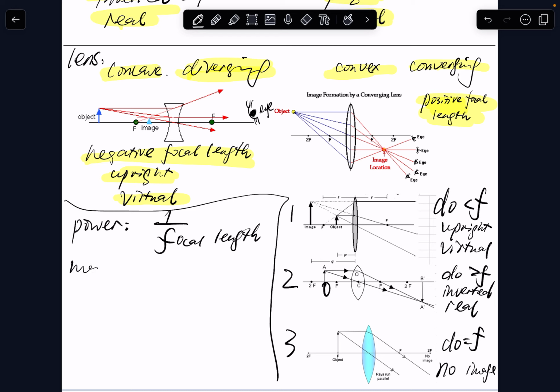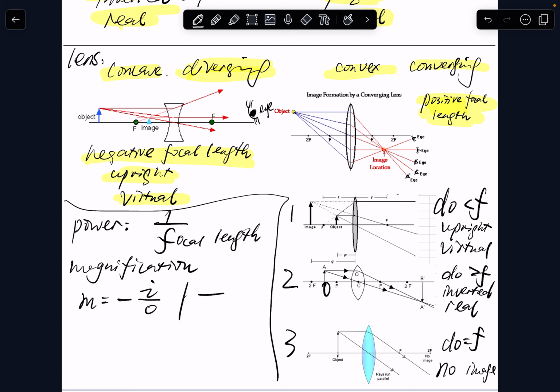And then what is magnification? Magnification is basically like a magnifying glass, right? It is the extent to which the lens magnifies things. In this case, we know that the magnification, little m, is negative i over o, where i is the image distance and o is the object distance.